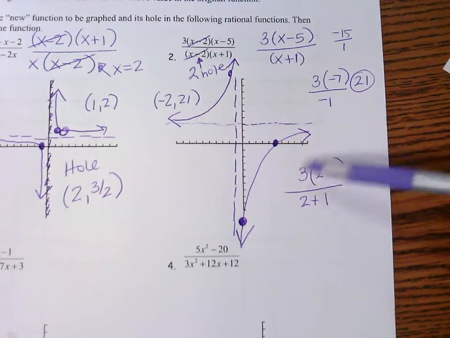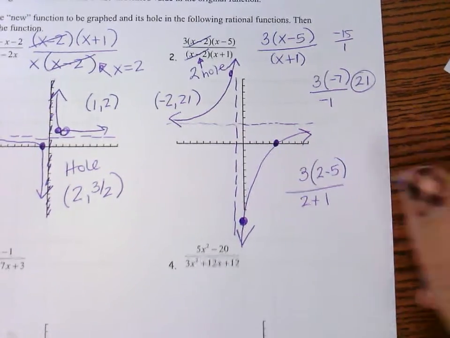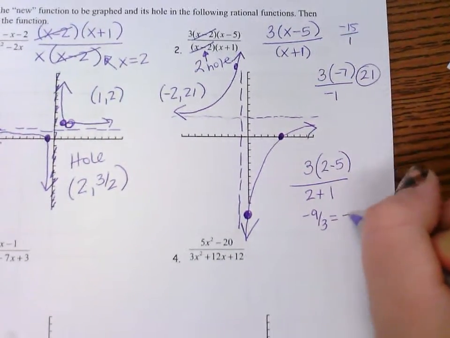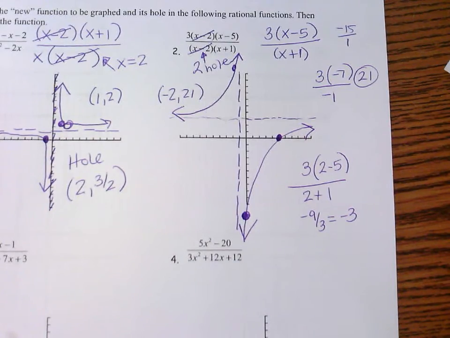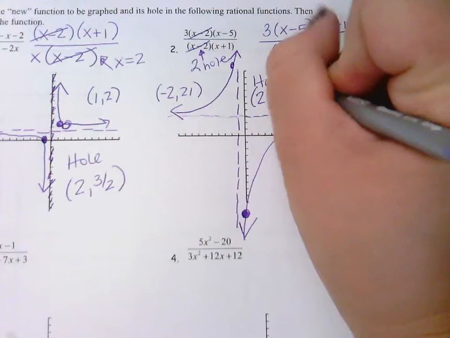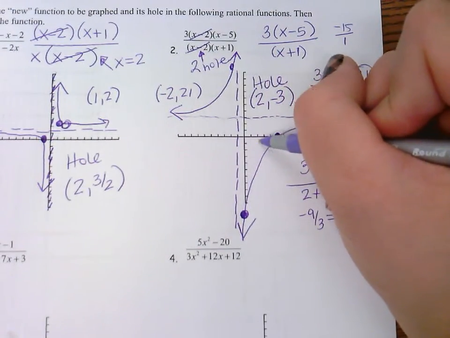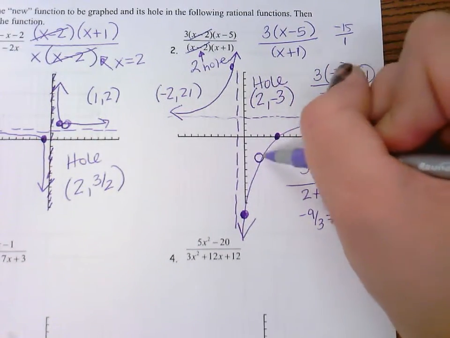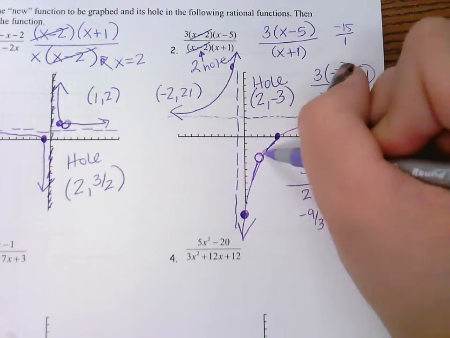So negative 9 divided by positive 3 is negative 3. So my hole is at 2 comma negative 3. So 2 comma negative 3 would be like this point on the graph. I didn't quite go through there, but you get the idea.